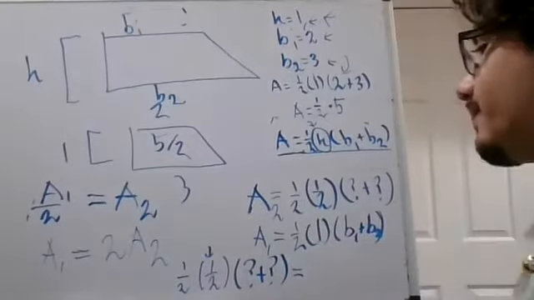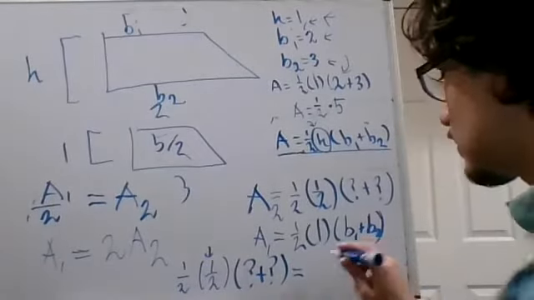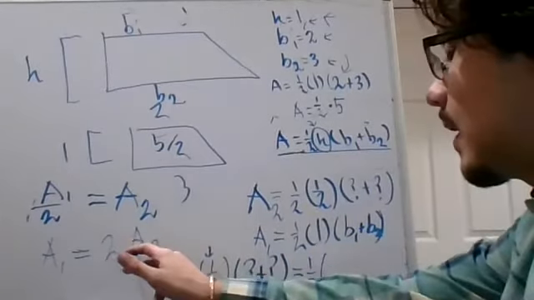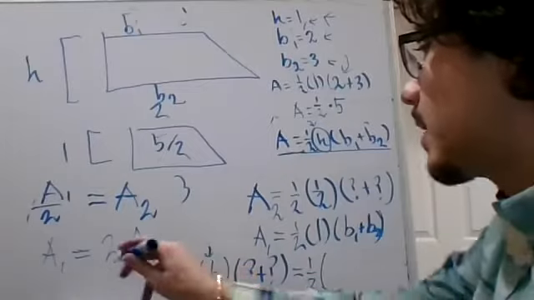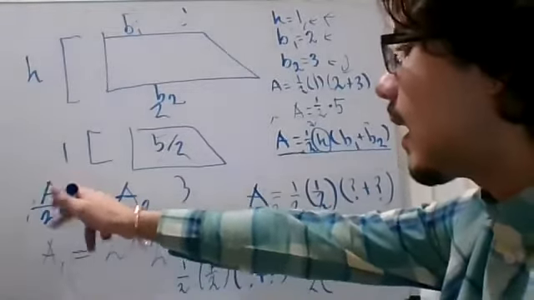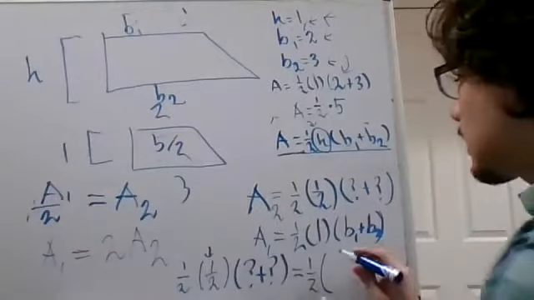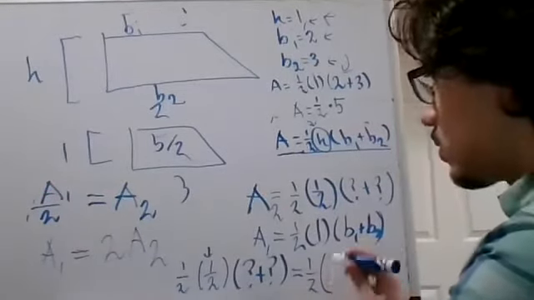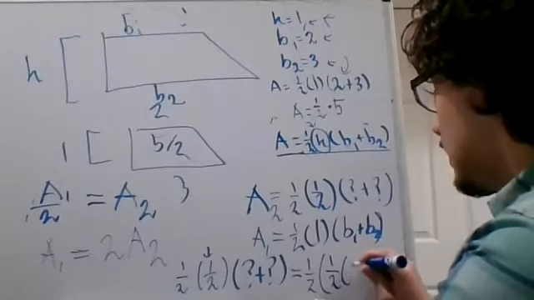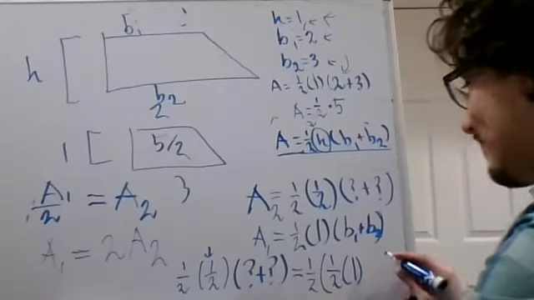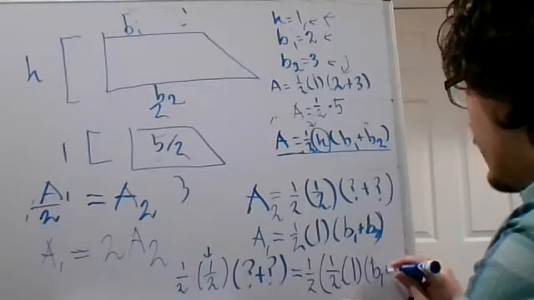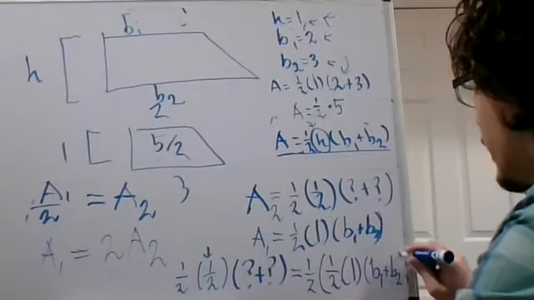Is equal to 1/2 of, because we said before that half of the first area is equal to the second area. 1/2 times our height was 1, and we don't know what our base 1 and base 2 is. Let's just say we don't know.